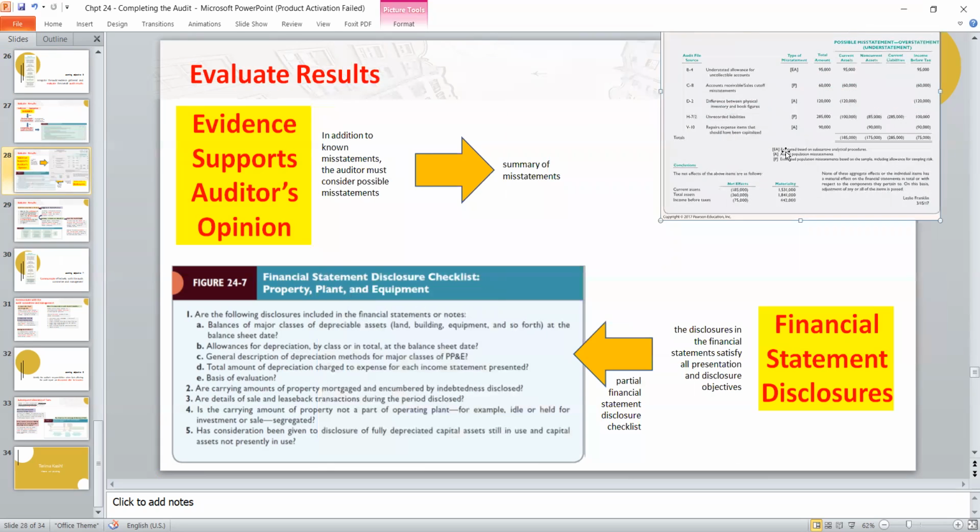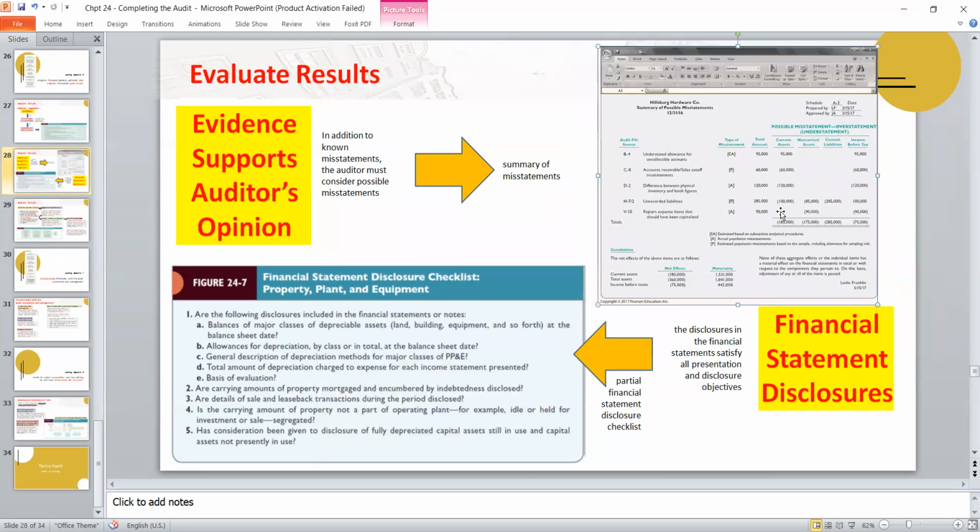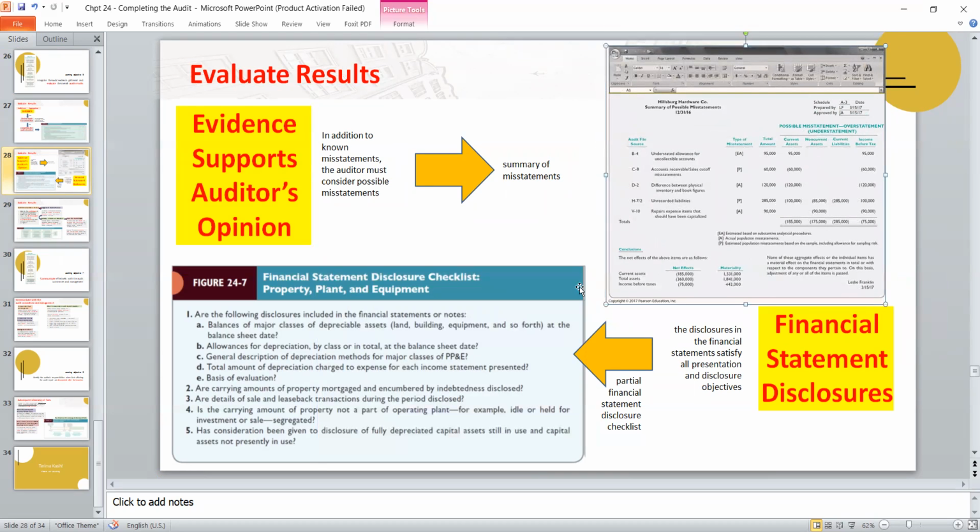Second, you need to have the checklist for each account to be disclosed. This is an example, the checklist for the fixed asset, PPE. You need to answer all of these questions by conducting the audit procedures, of course.